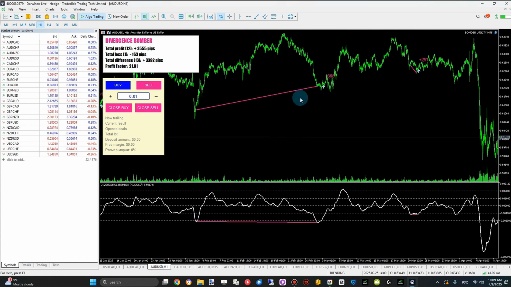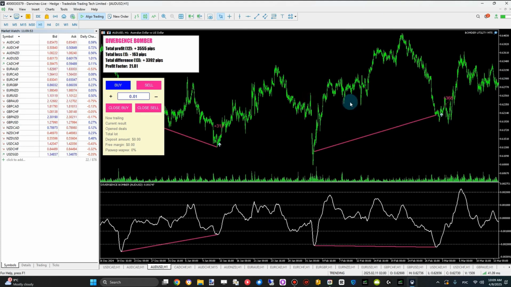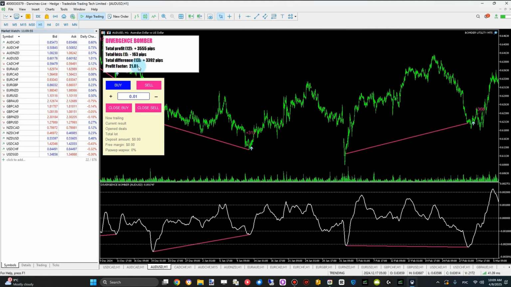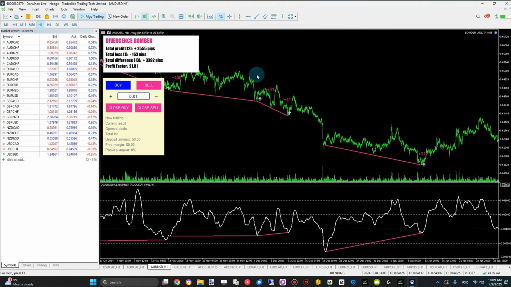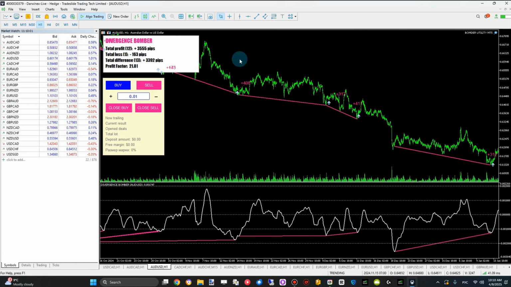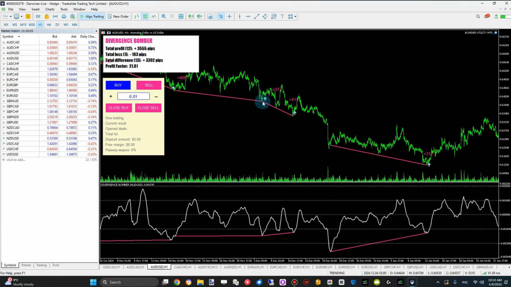Let's move on. The next asset. We have exactly the same situation. There are trades. Divergences are identified. The indicator shows trades. We perform trading operations according to these trades, and the indicator shows us where to open these trades, where these trades should be closed.